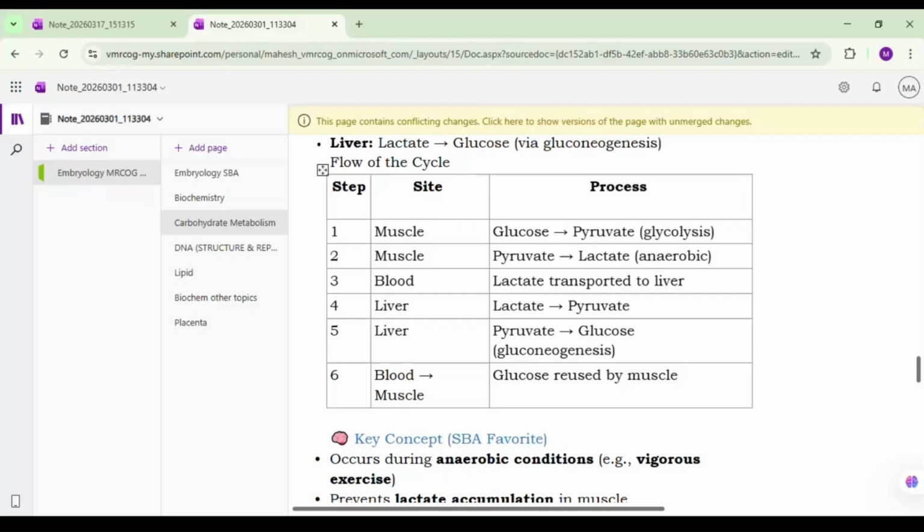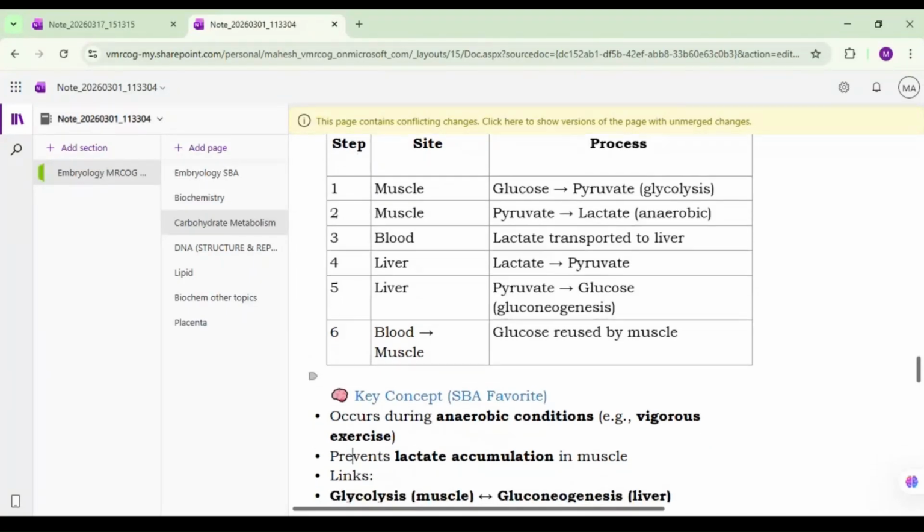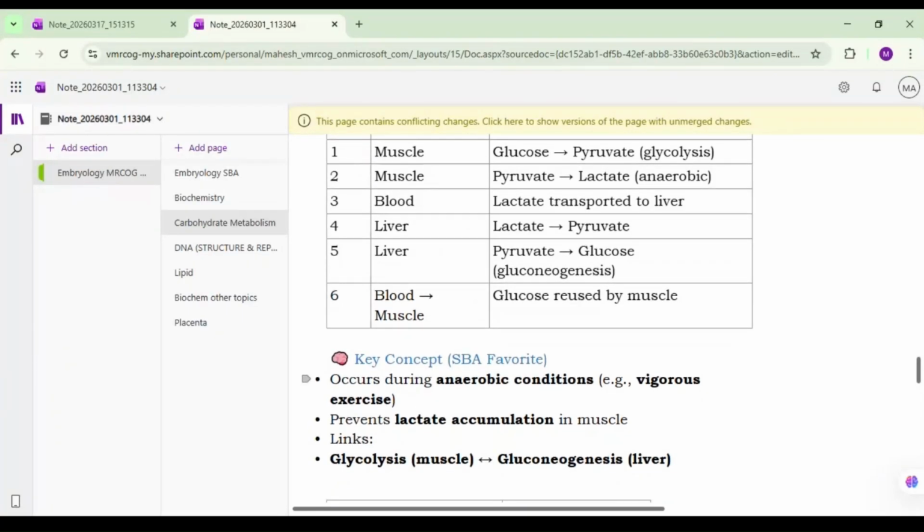This glucose goes via blood to the muscle, and again the muscle will use the glucose. So we started in the muscle with glucose and glucose reaches the muscle again. This is the Cori cycle. It occurs during anaerobic conditions like vigorous exercise. It prevents lactate accumulation in the muscle.